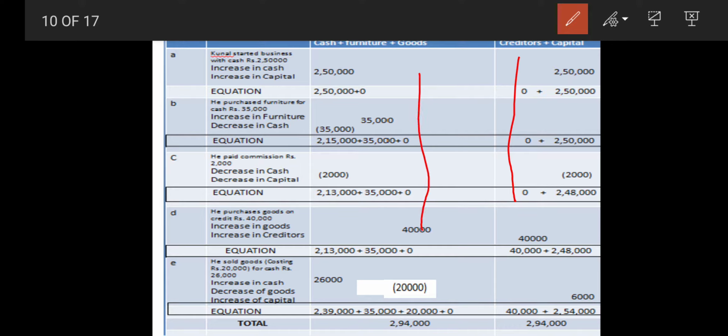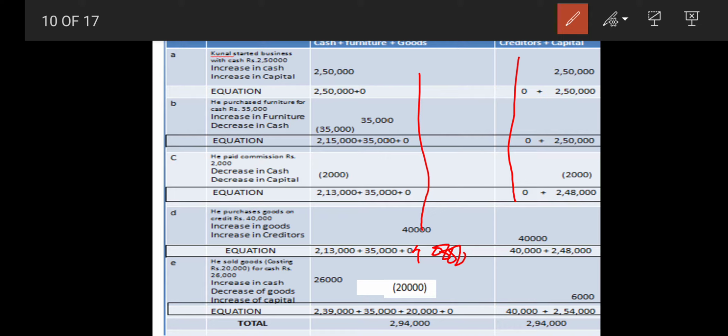So 40,000 increase this side, and your creditors on the liability side will increase. So ultimately that will give you the equation of 2,13,000 plus 35,000 plus 40,000, right? So this way both the sides will tally, and here also 40,000 plus 2,48,000, right?